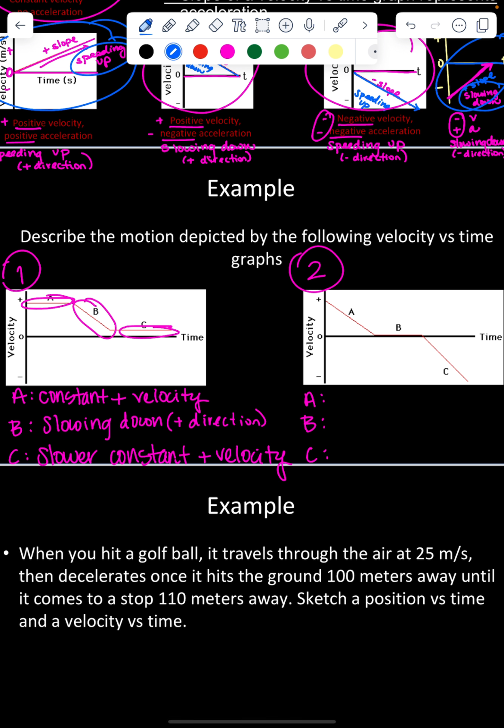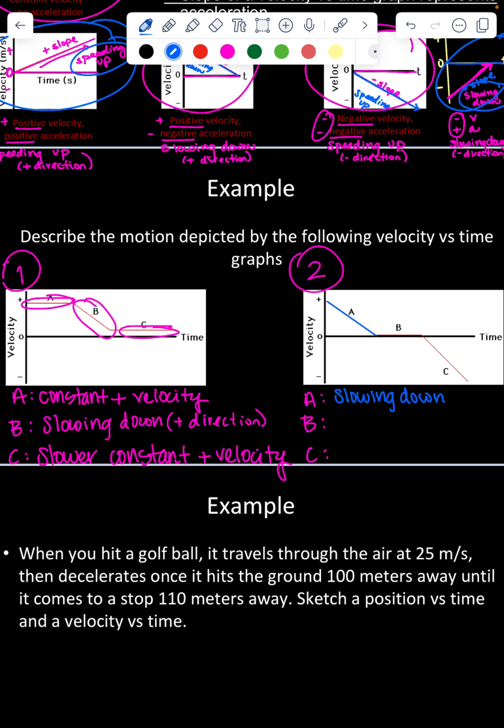All right, look at graph 2. We have a straight diagonal line that is trending toward 0. So hopefully you are realizing that because it is trending towards 0, that means that it is slowing down.